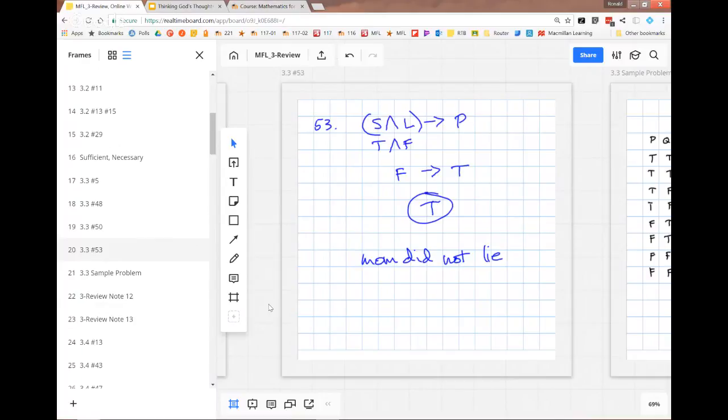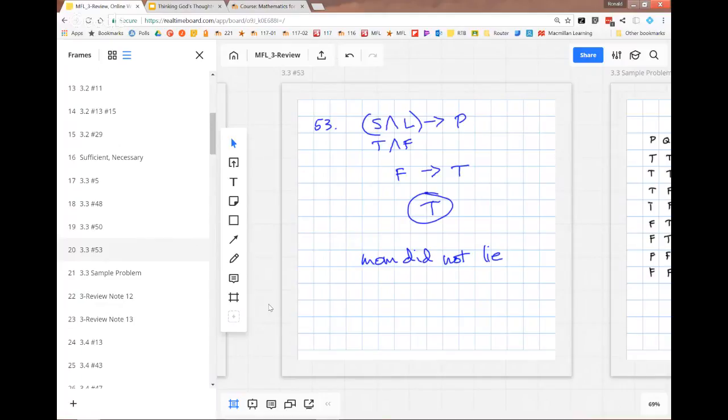So the directions here are what? Write each statement in the if-then form. No, I guess this one's just on its own. If you eat the spinach and the liver, then you may go out and play.